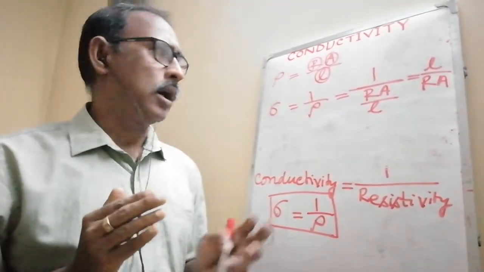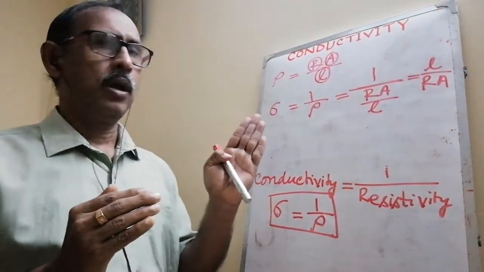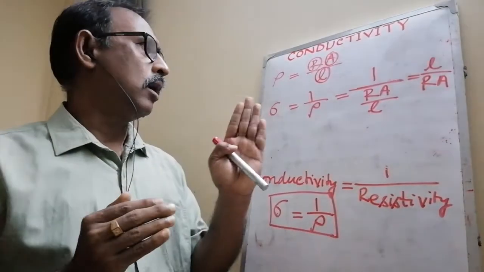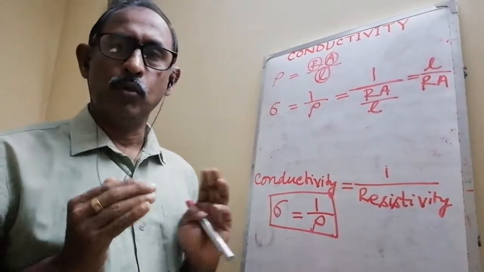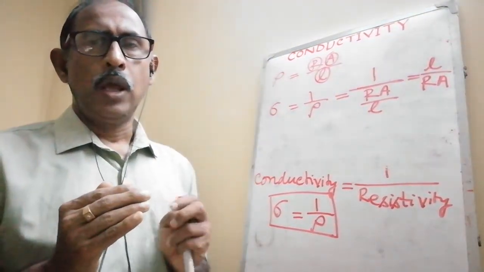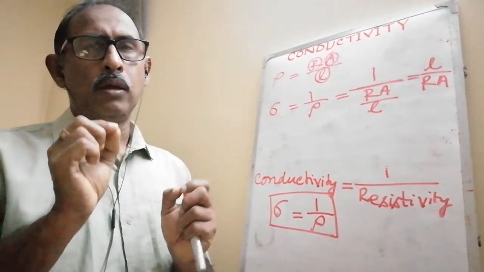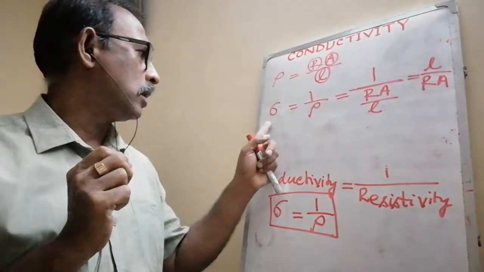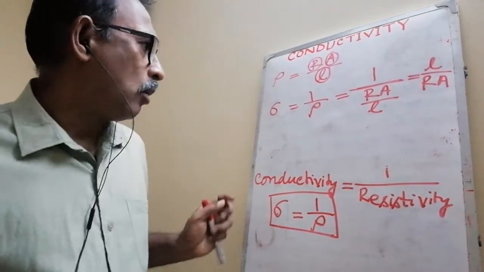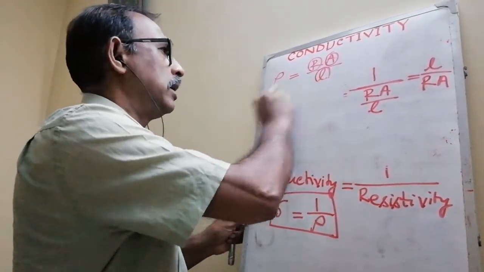To measure sigma, we use this formula. Now we need a unit for sigma. What will be the unit of sigma in the SI system?